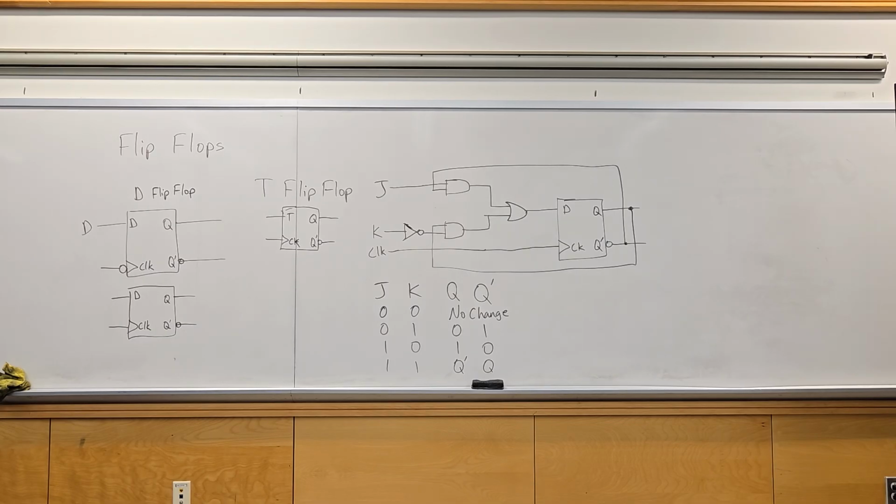But like I said, the JK flip-flop is a little bit more complicated and takes up more space on a computer chip die. So the JK flip-flop is not used very often anymore.